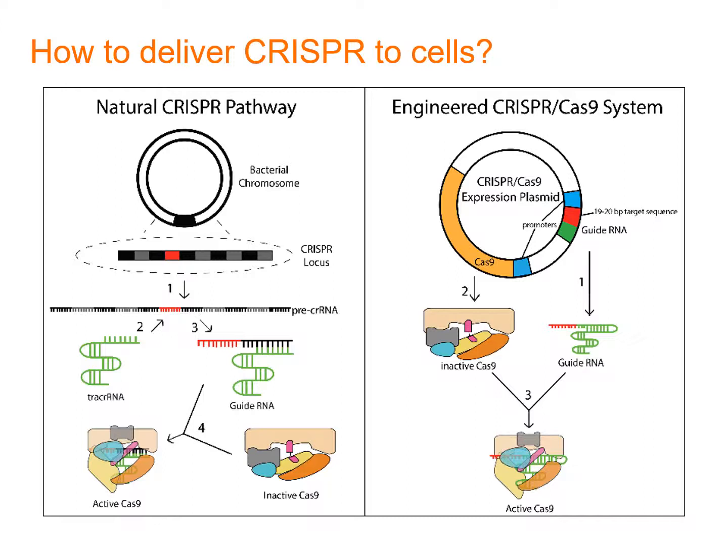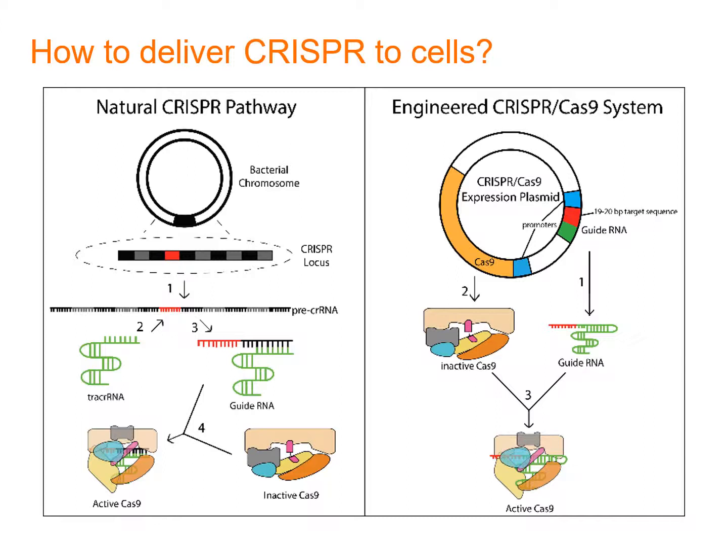So what are those essential components? Well, those essential components are something that is going to be analogous to the spacer. In other words, something that is going to target a very exact location in, let's say, a particular gene in a mouse chromosome. So that's one thing we need. We need our guide RNA.